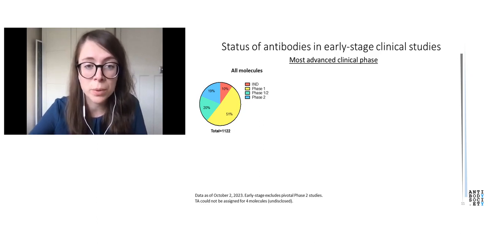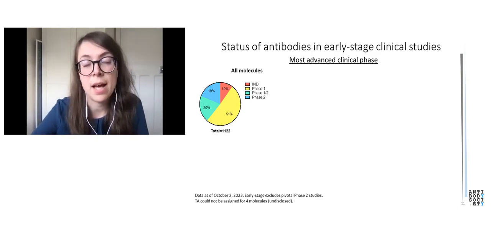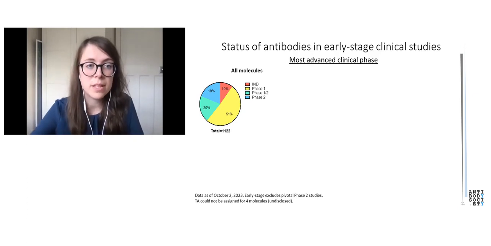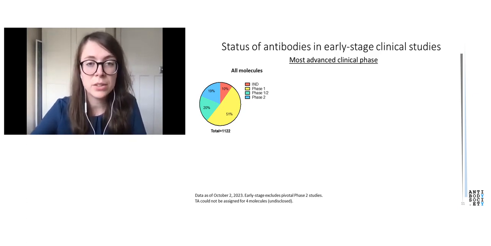As of October the 2nd, we had 1,122 molecules in the early stage pipeline. Half of them in phase 1, 20% in phase 1-2 and phase 2, and 10% at IND level, which means that the IND has been filed or approved, but the actual clinical trial, phase 1 or phase 1-2, hasn't started yet.